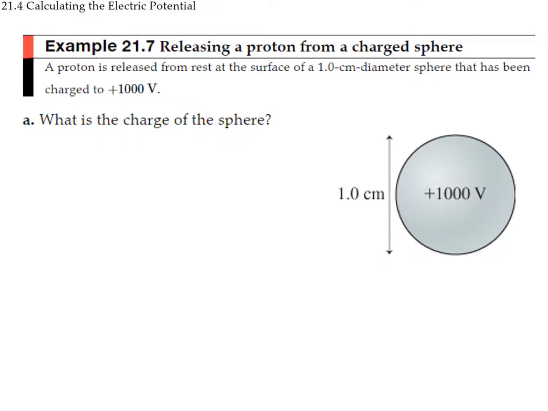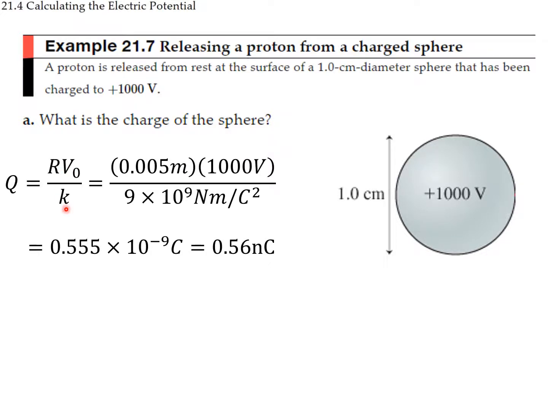In this case, we have a 1 centimeter diameter sphere that has been charged to 1000 volts. First question, what is the charge of the sphere? Well, we just saw how to calculate the charge, provided that we know the voltage. V equals kq divided by r, so the charge is going to be Vr divided by k.